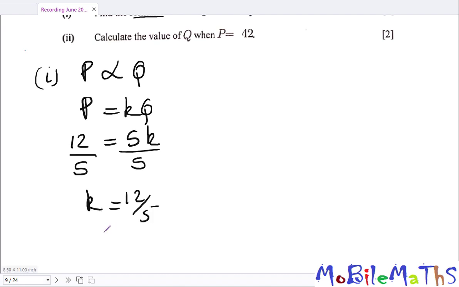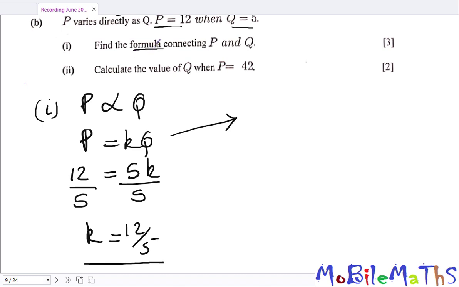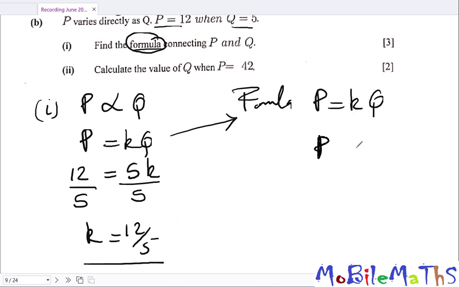I don't want to simplify it. I can rewrite my equation, which they say formula connecting actually. So the formula is P is equal to KQ, right? Now we put this value for K, so I can say P is equal to 12 over 5 Q, like that. It's fine as it is, you get your 3 marks.